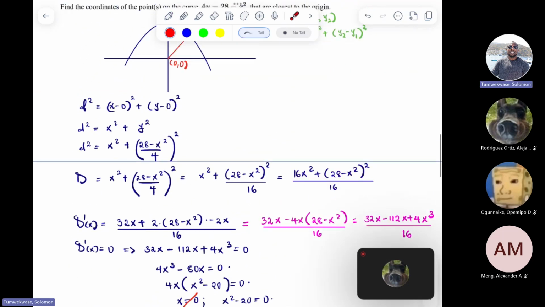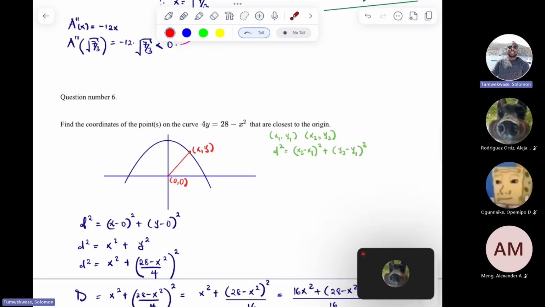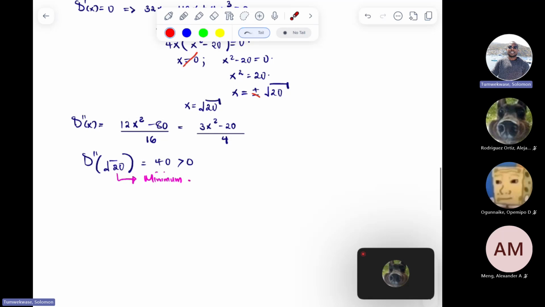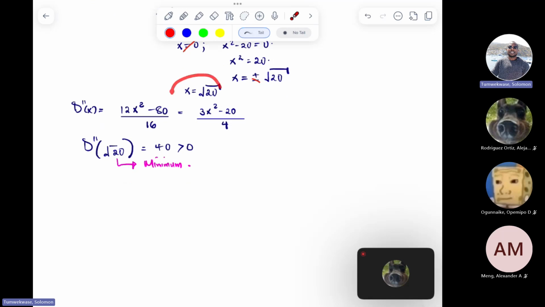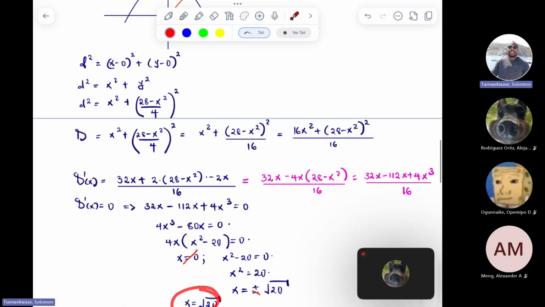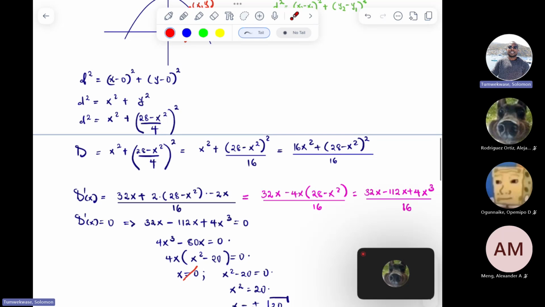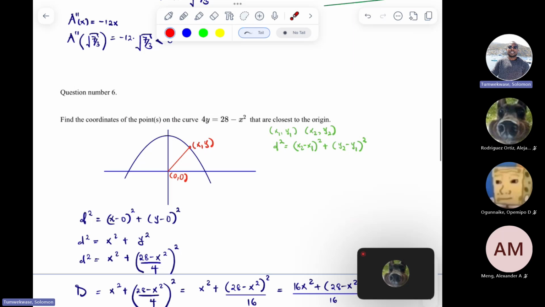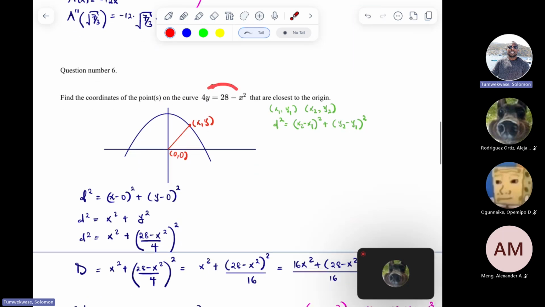And you see, that is why we are interested in the coordinates that minimize that distance, because we are interested in being closest to the origin. So our x coordinate is square root of 20, and when I have my x coordinate as square root of 20, I can just find the y coordinate from the equation.